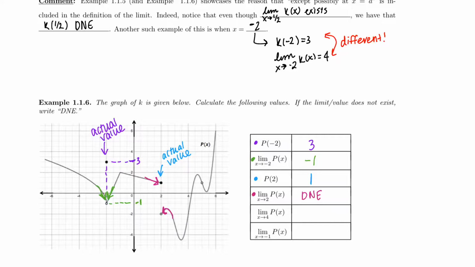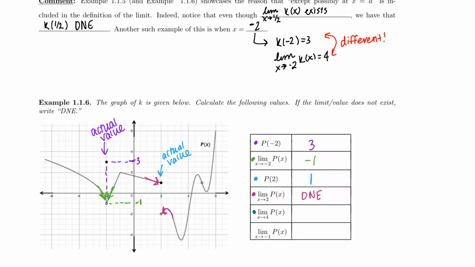And let's do this color. What about the limit as x approaches 4 of P of x? Limit as x approaches 4. Beautiful. Seeing some answers in there, seeing some -2s.